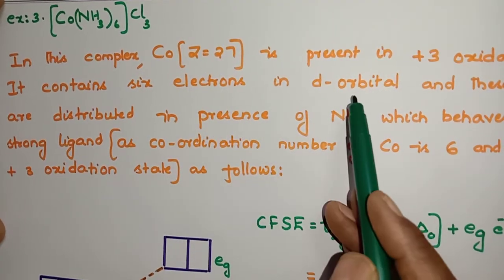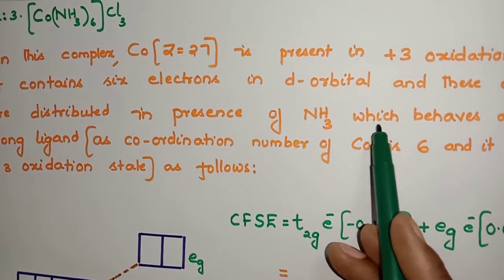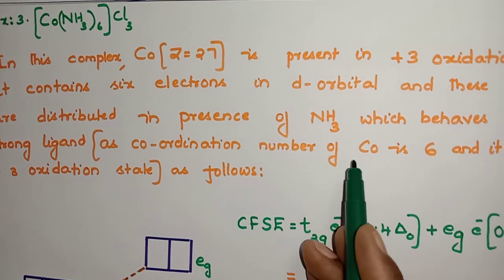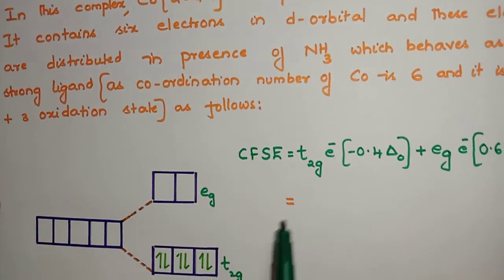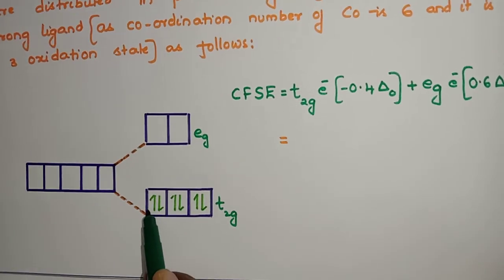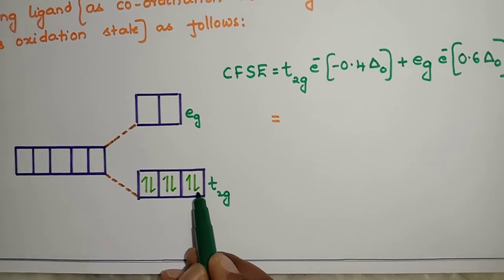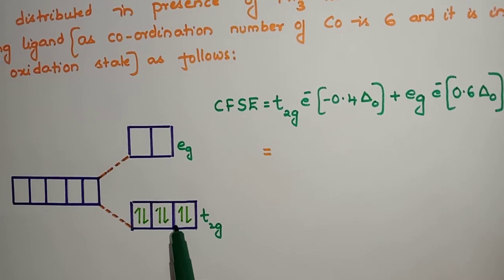The 6 electrons in the d orbital in the presence of NH3: now it is behaving as a strong ligand, because the coordination number of cobalt is 6 and it is in the +3 oxidation state. Look at the distribution: 1, 2, 3, 4, 5, 6. All the 6 electrons are distributed in the t2g orbitals like this.